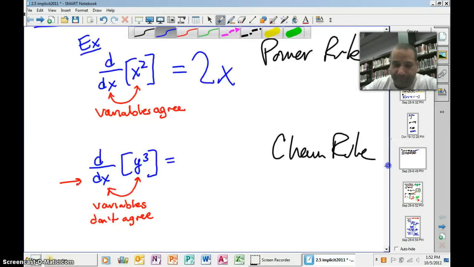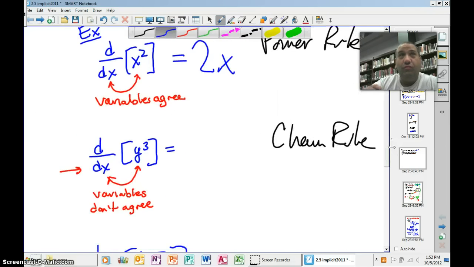All right, now comes the new portion. That's when I'm going to take the derivative with respect to x, but there's only y's in there. So what we're going to do is take the derivative like it would be, 3y squared.